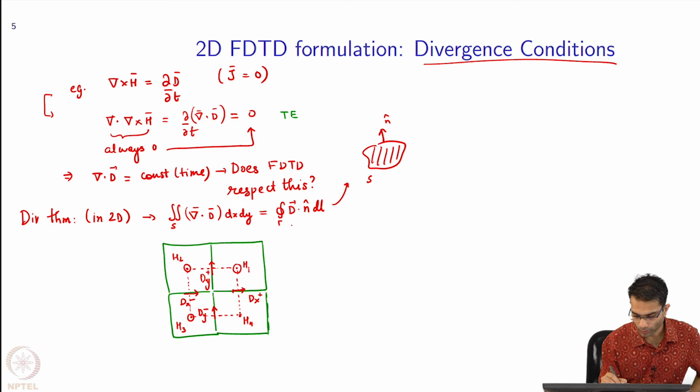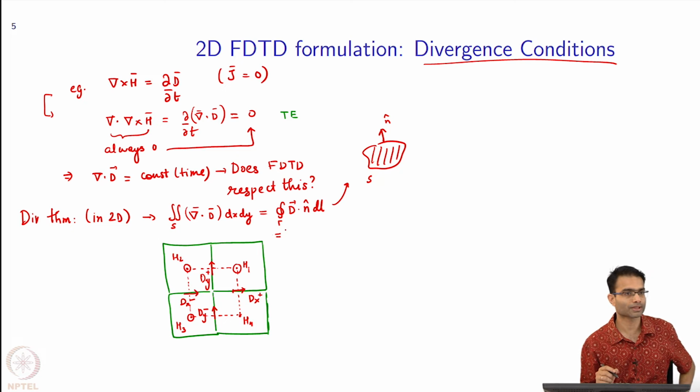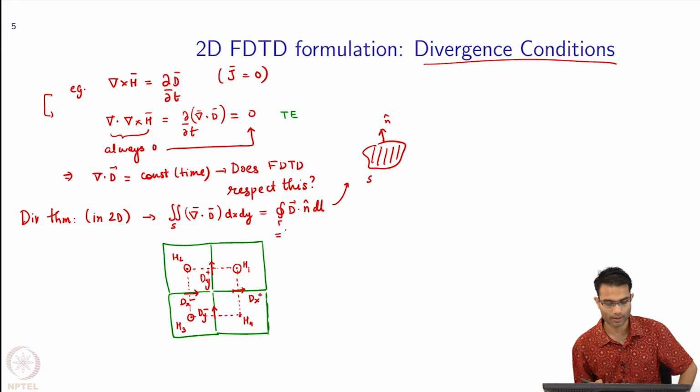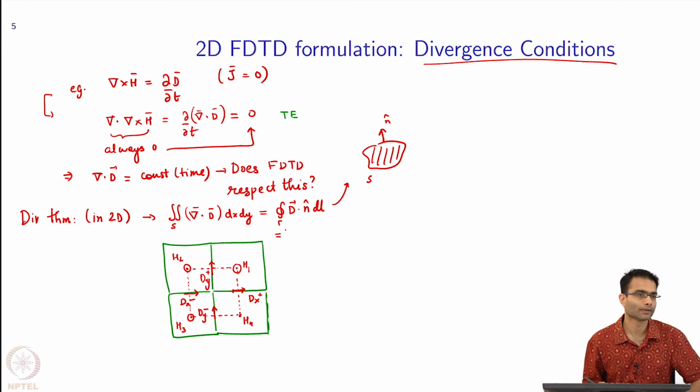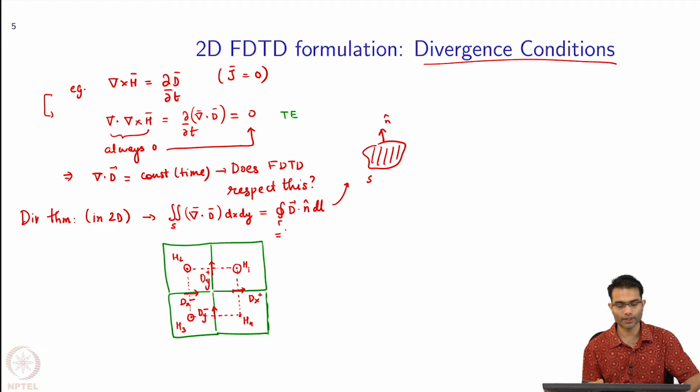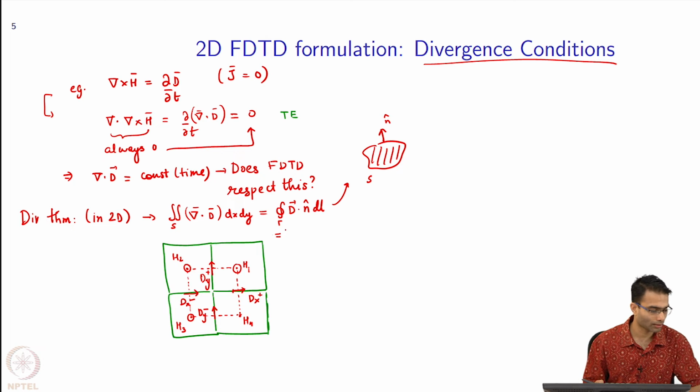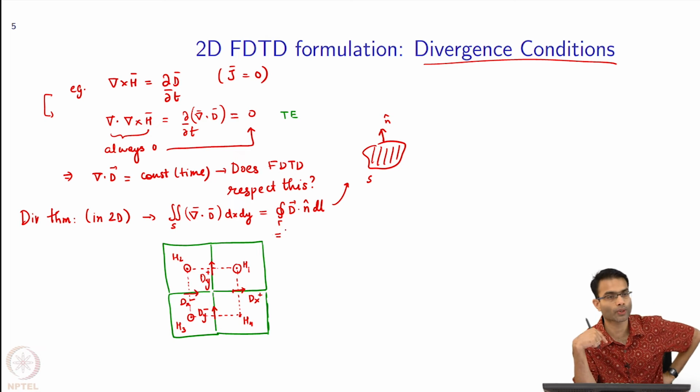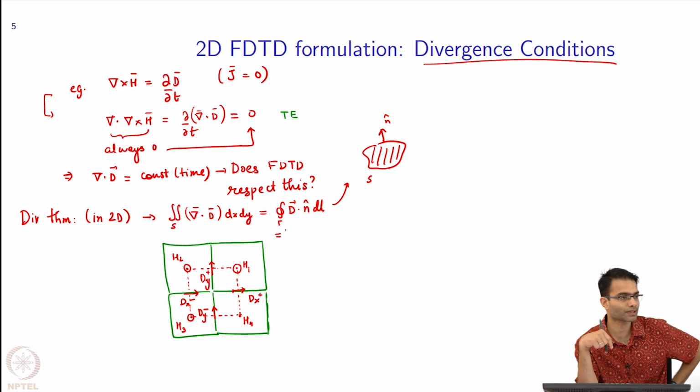So now what happens to the right hand side? Let us evaluate D dot n hat dl. Let us start from H4 to H1, the first leg of this.